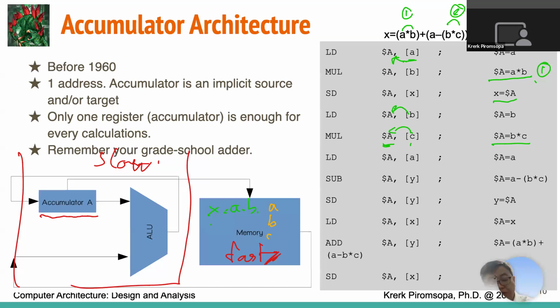We have to put it out as Y equals B times C. I think I missed something here. So maybe I cut and pasted from a different version of PowerPoint and it got lost.